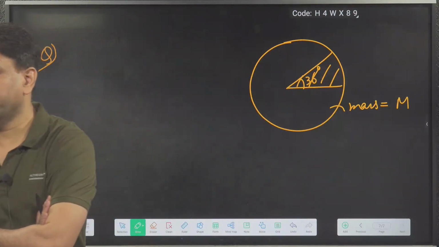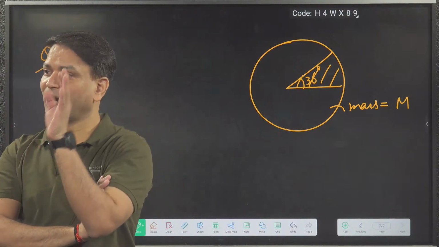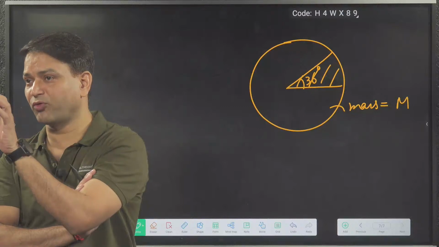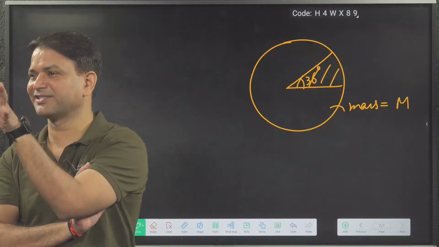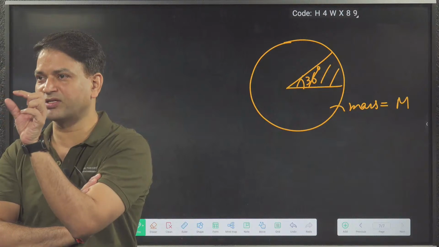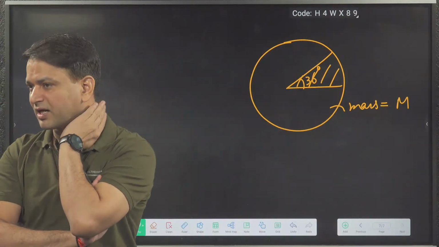Listen to the question I am saying. Here the conversion is over. Somebody is still giving the answer of the previous question. Now here is a new question. Suppose I have one pizza of mass M. From that pizza I am cutting one slice that is making an angle of 36 degree. What is the mass of that slice?